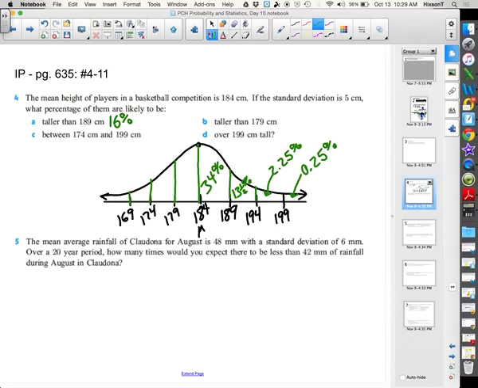Right? Does everyone see how we found that? This 0.25% just goes to infinity. That's everything to the right. Hey, what's another way I could find the solution to part A here, though?